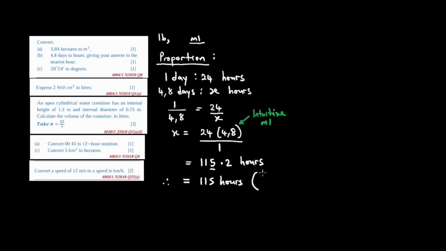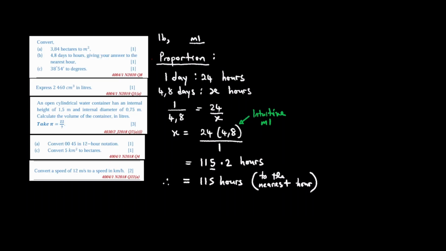Then we write to the nearest whole number or to the nearest hour. By the way, to the nearest hour is simply to the nearest whole number. That's one way of doing it.